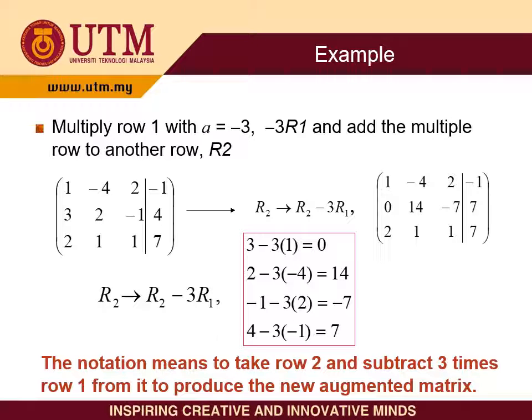This example shows multiplication of row 1 with A, which is -3, so it becomes -3R1, and adds a multiple of one row to another row, row 2. So we want to change row 2 here. Based on these statements, the new row 2 will be based on row 2 minus 3R1.